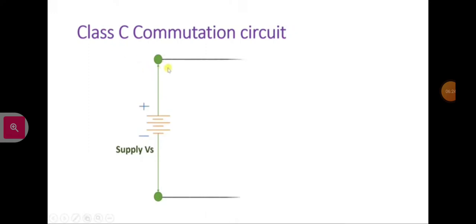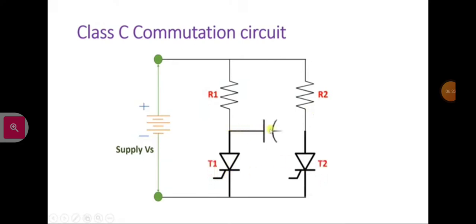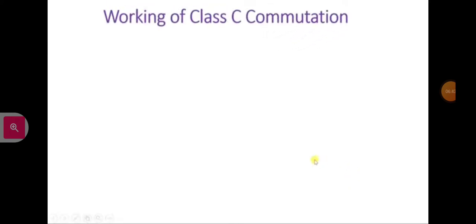Further in the circuit, there are two resistors connected like this. After that there are two thyristors T1 and T2, and over here there is a capacitor C. So this is how the circuit is for class C commutation. Now let us try to understand the working of class C commutation.